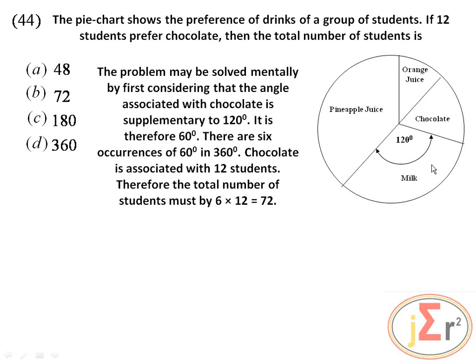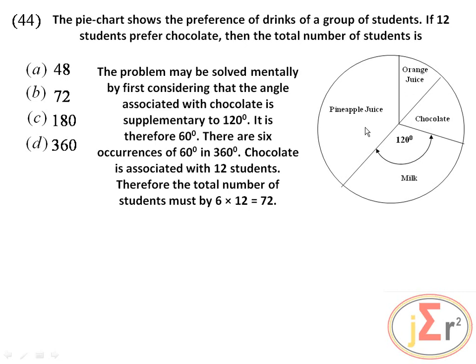So let us take a little look at it again. We have the angle on a straight line. A part of it is 120. We know that the angles on a straight line should give 180 when we add them. Therefore, the angle associated with chocolate is 60 degrees.